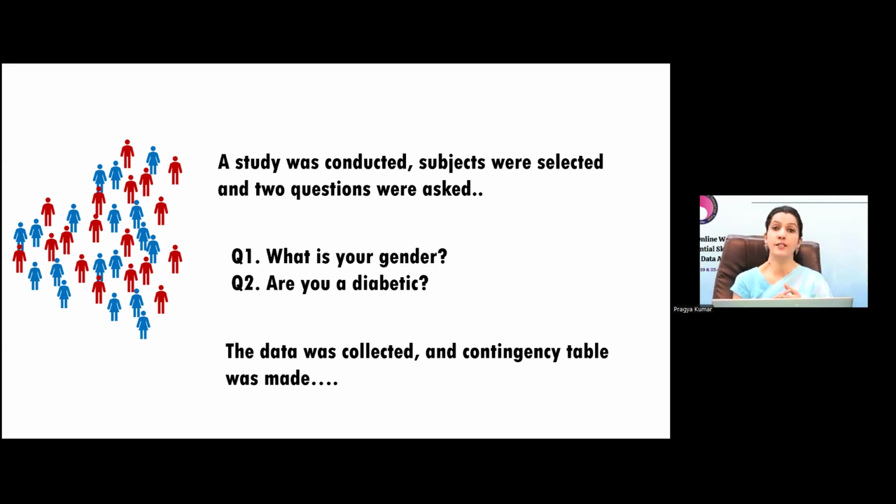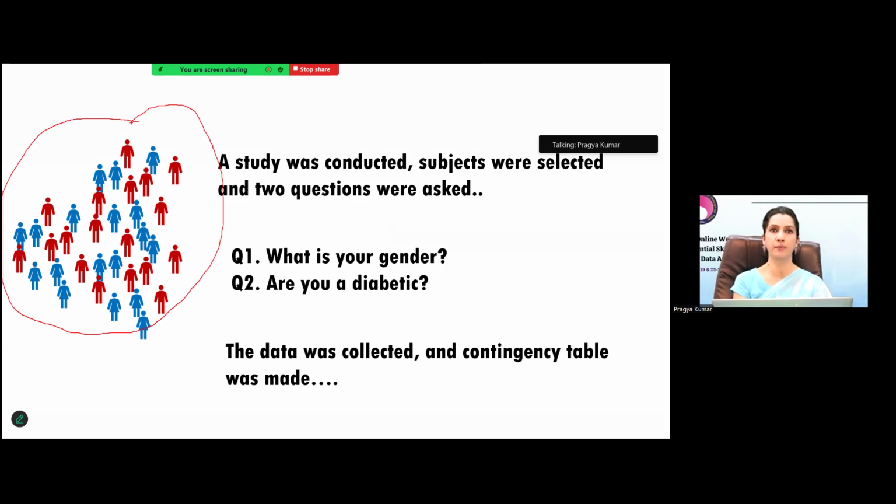The choice of chi-square test depends on this methodology also. That's why whenever you perform your analysis, you have to keep your methodology in mind. In this picture you can see a group of people, and from the total population I selected this sample and asked two questions.